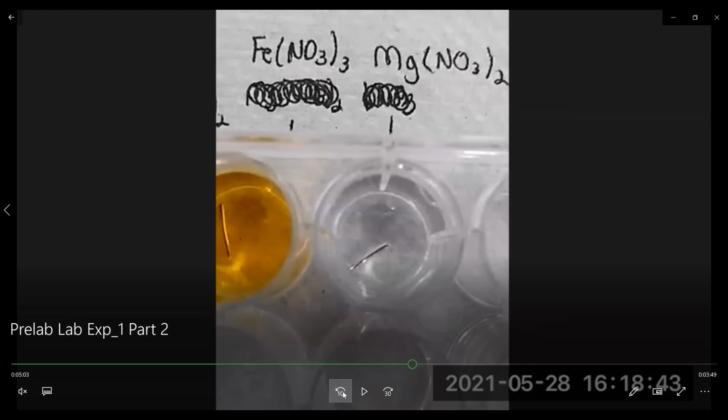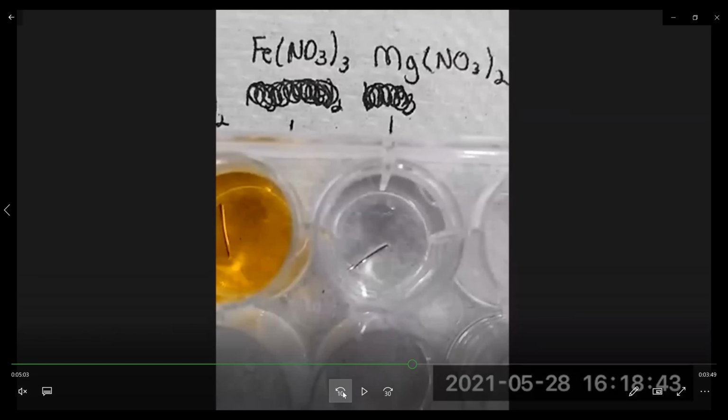So that's how we do the last part of the experiment. We're going to be adding small pieces of metal to the different metal solutions and observing any signs that a chemical reaction has occurred.